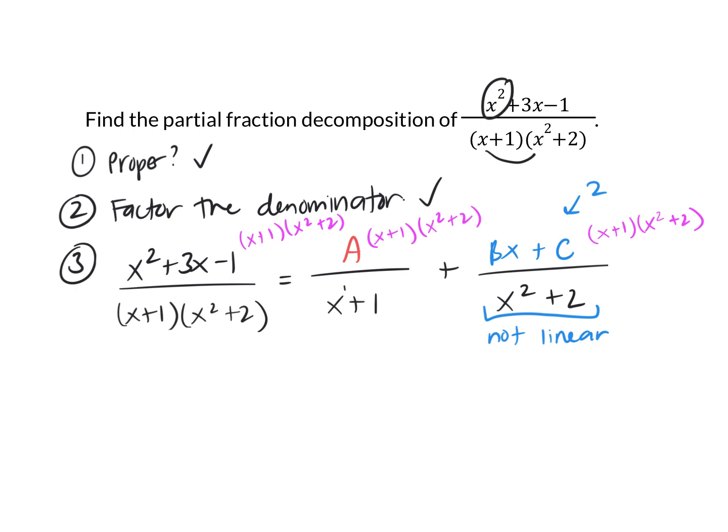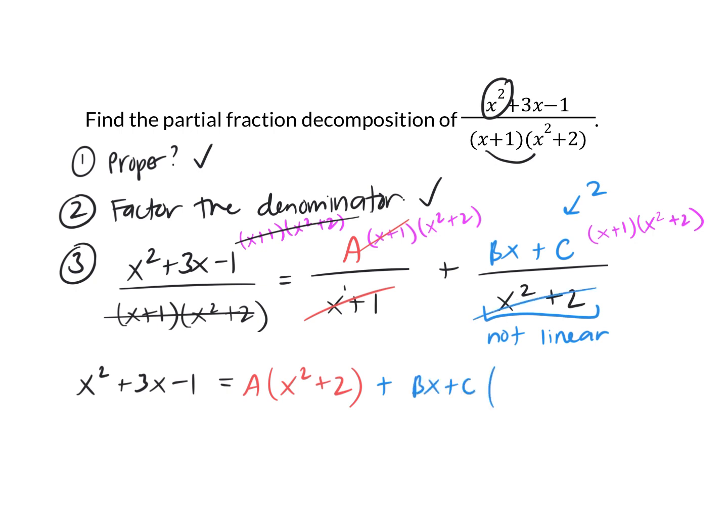So on the left side, all of this is going to go away. So we're left with x squared plus 3x minus 1. And then the x plus 1's go away, so I have A times x squared plus 2. And I don't need to distribute. We're just going to leave it like that. And then for this one, a lot of you left your answer like this, because this will cancel out with that and have x plus 1.